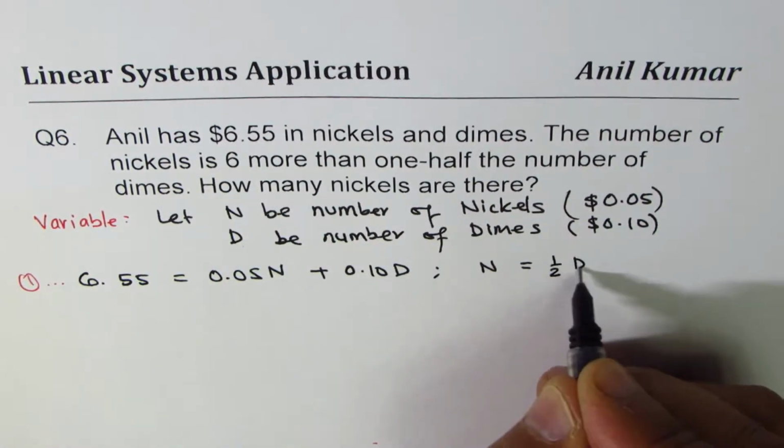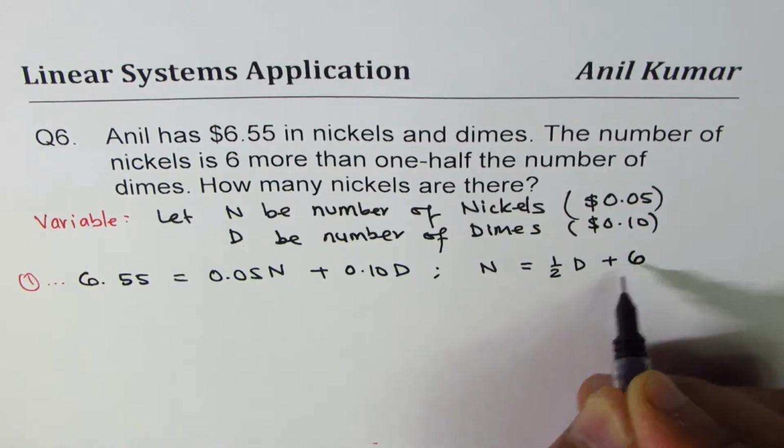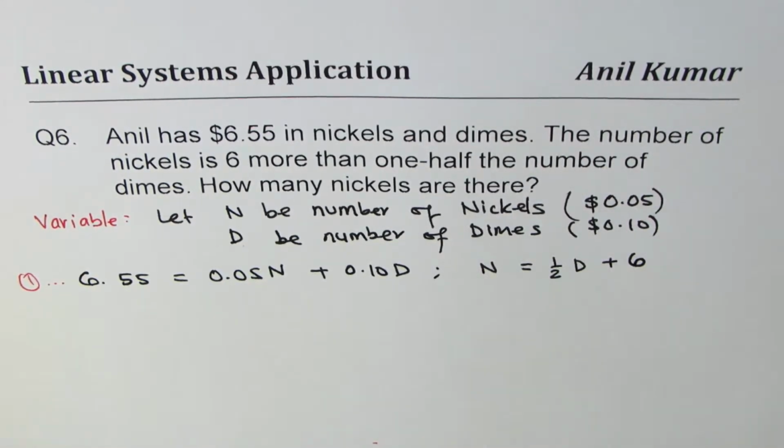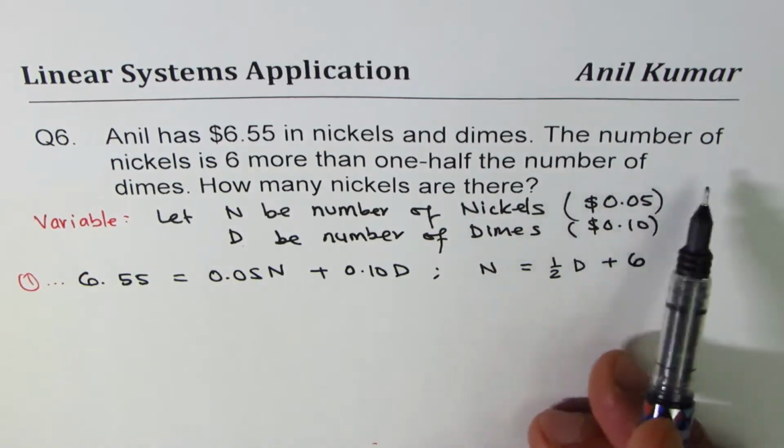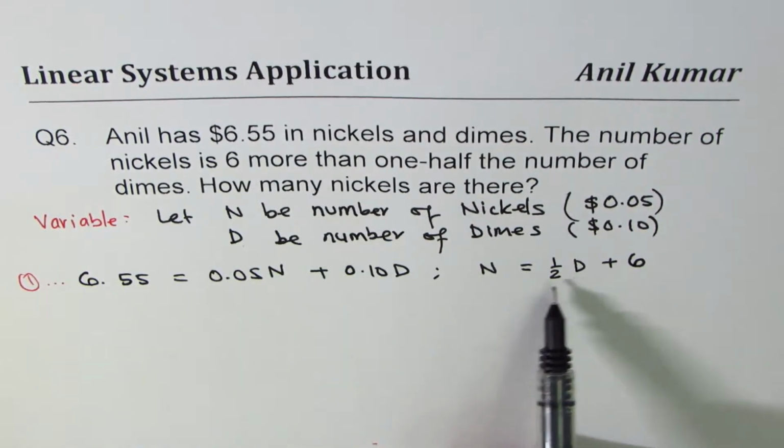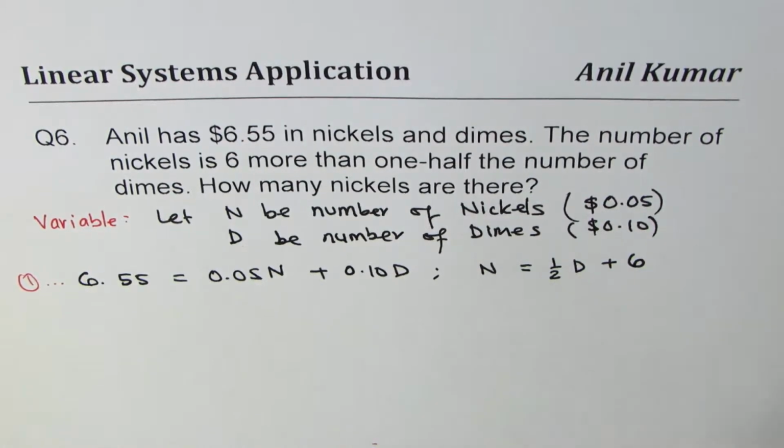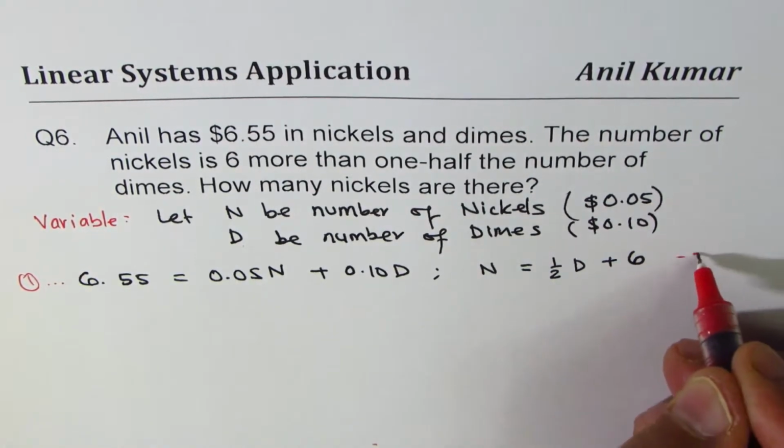So half the number of dimes plus 6. That is how nickels are related with dimes: n equals 0.5d plus 6. We'll call this our equation number 2.